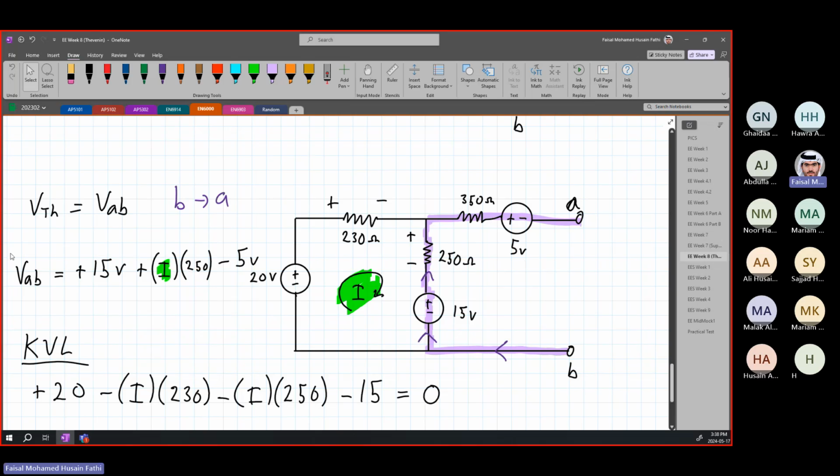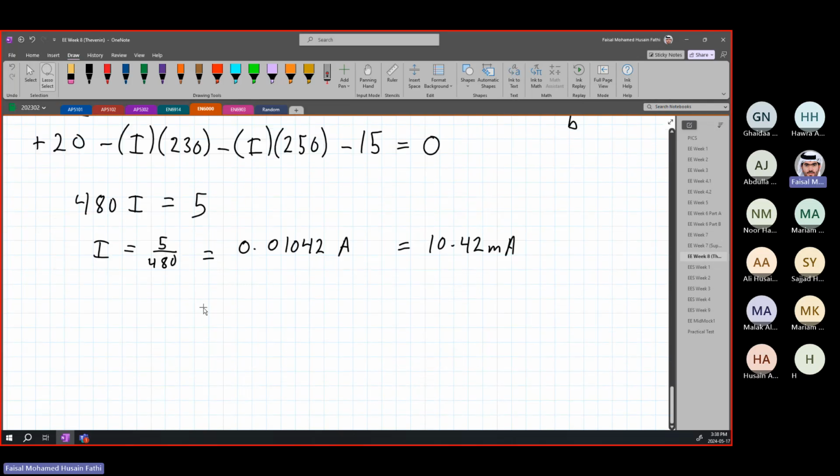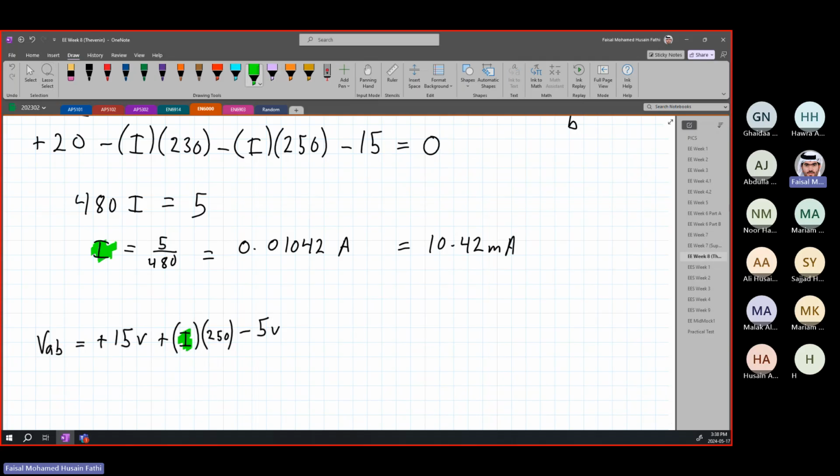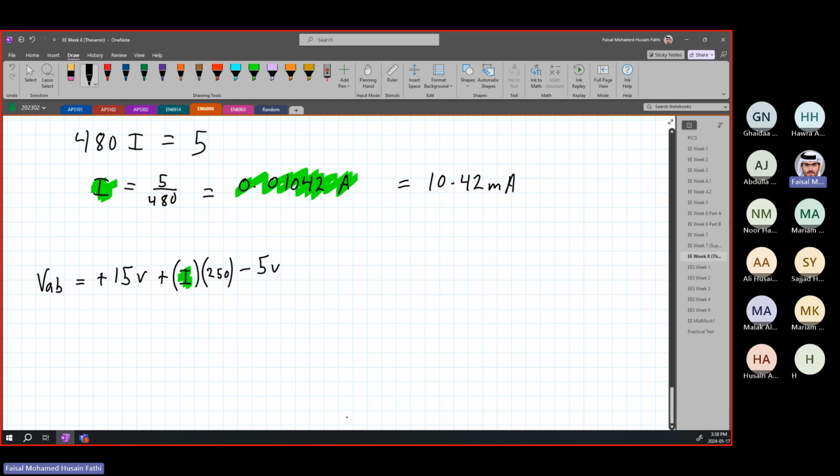Now that we found our I, we can plug it back into this equation over here. Remember that this I is the same I. So we're plugging this value back, in amperes, not milliamperes, into the equation to find VAB, which is Thevenin.